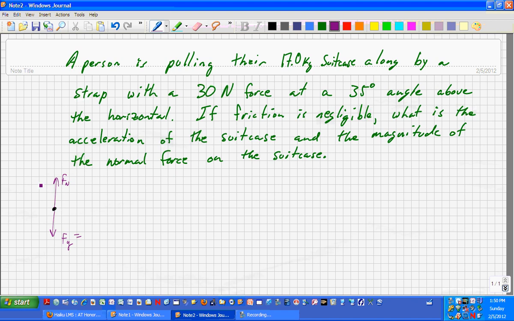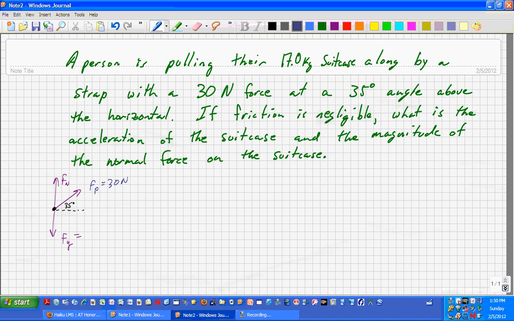We've got the force of that pull working at an angle of 35 degrees above the horizontal, and that force of pull is equal to 30 newtons. We're told friction is negligible, so friction isn't acting on the object. So we won't have a frictional force opposing motion. And I think that's it. So we took care of our force diagram.